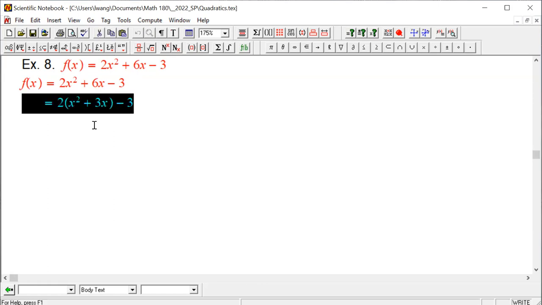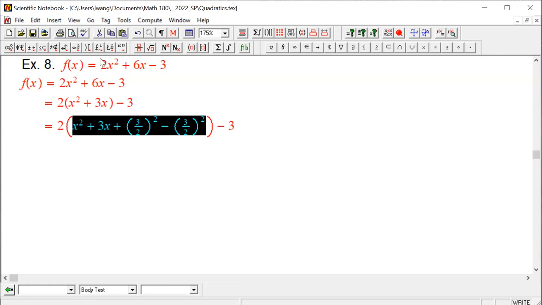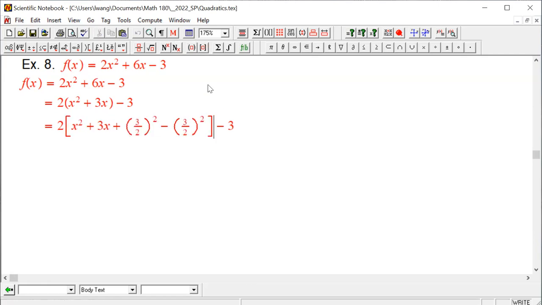And once again, we're going to make a perfect square. So I'm going to add something and subtract something. How do I choose that something? Well, we're going to take the 3 divided by 2 and square it. I'm going to subtract the same number. So I'm going to introduce the bracket just to make sure we don't get confused.